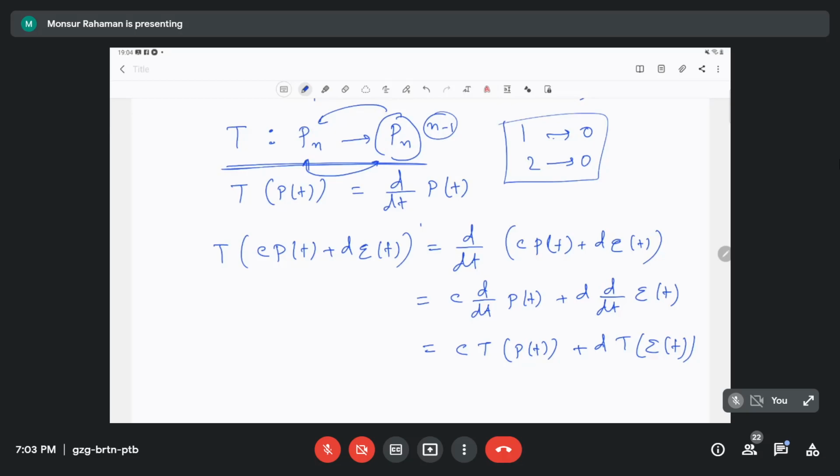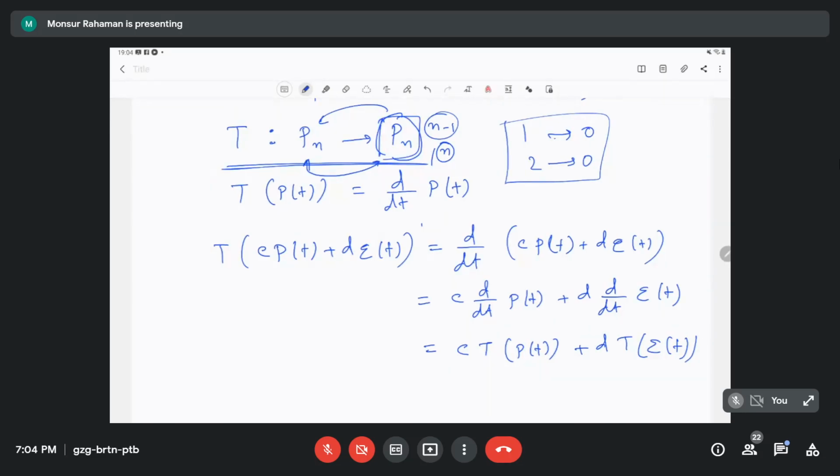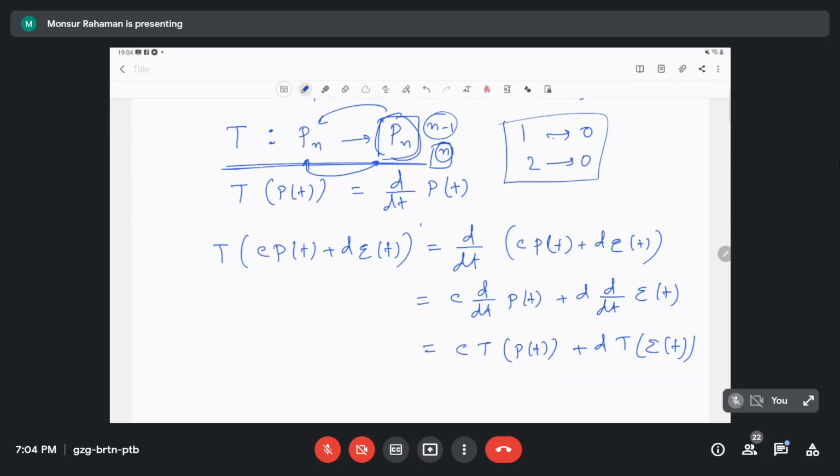So if you want a pre-image of an n degree polynomial, because it is Pn, obviously there is a polynomial of degree n, you want a pre-image of degree n plus 1. But an n plus 1 degree polynomial does not exist in Pn. So this is not an onto function.